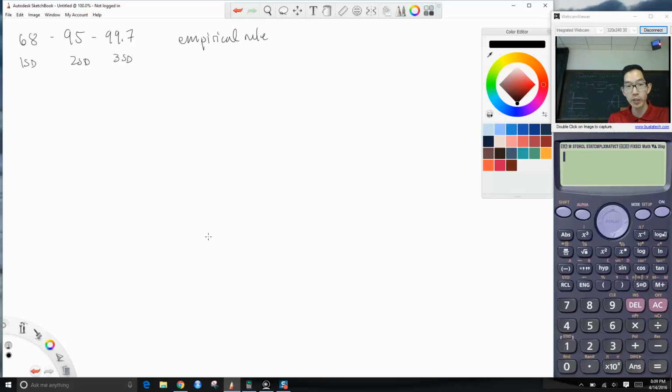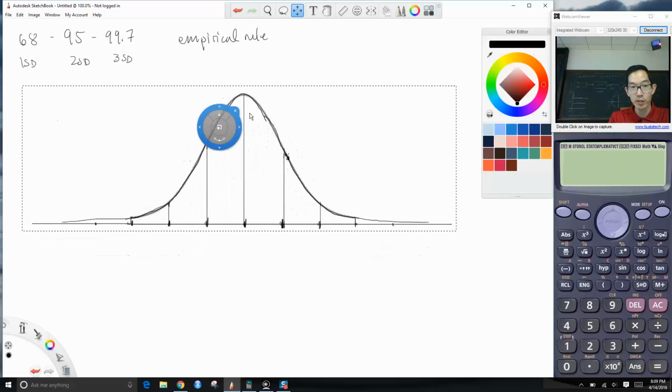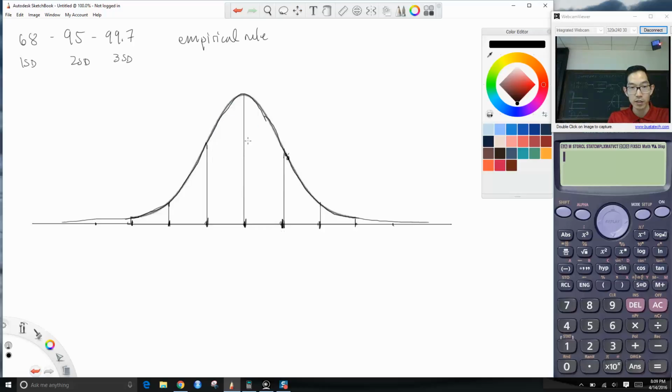And so the way the normal table works is, just imagine your number line again, 0, 1, 2, 3, marked off in terms of standard deviations from the mean. If I were to draw a line at 0 and shade everything to the left, how much will I have shaded? 50%, right?